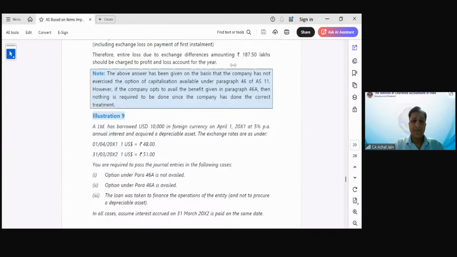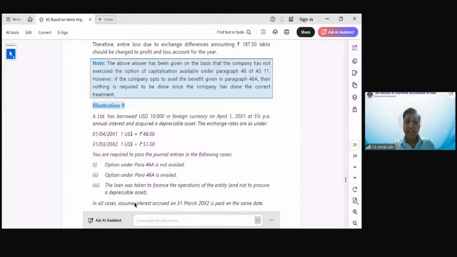Now, in this case, please remember, the question says that you need to assume that the interest is paid on the same date. So at the year end, interest is not outstanding. Now let's look at the first option. If para 46A is not availed, what do you do?